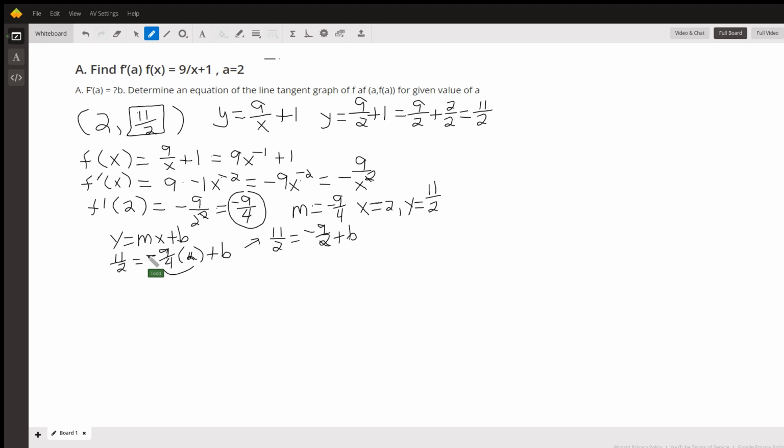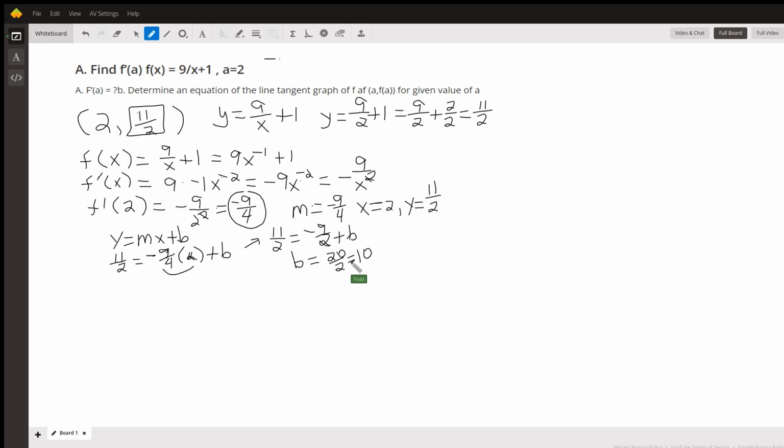If I add 9/2 to both sides to find b, I would end up with 20/2, which is 10.